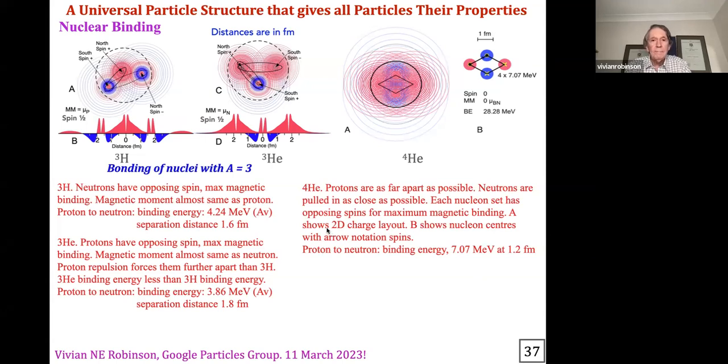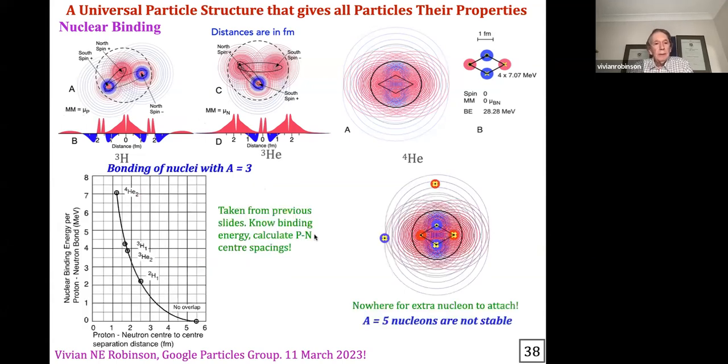about 1.2 FM. What we can now do, we've got several points that we know, and we just plot these in terms of binding energy in MeV versus proton to neutron center to center distances here.